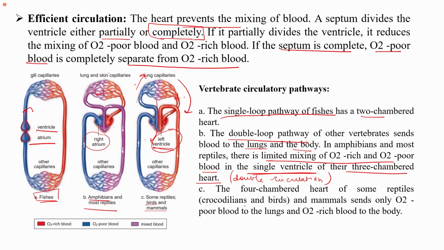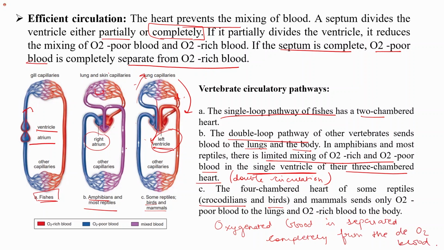While in some reptiles, for example crocodiles, and in birds and mammals, there is a four-chambered heart. In the four-chambered heart, there is no mixing of the oxygen-poor and oxygen-rich blood. Therefore, oxygenated blood is separated completely from the deoxygenated blood, right?